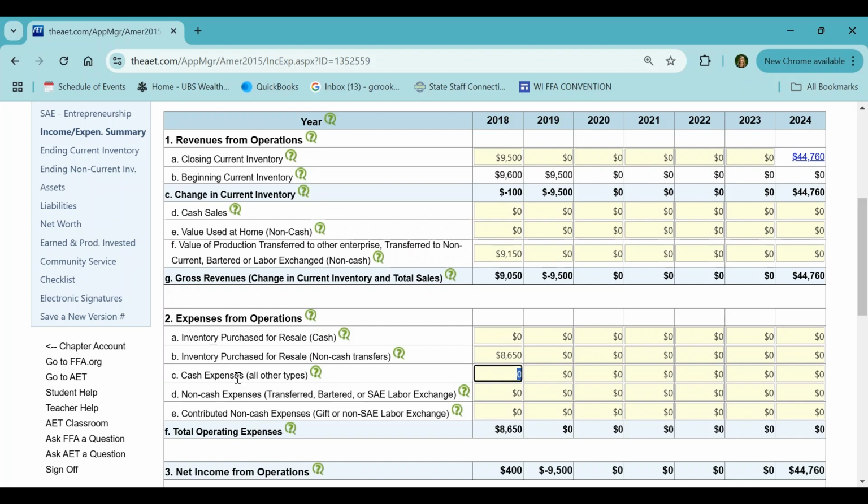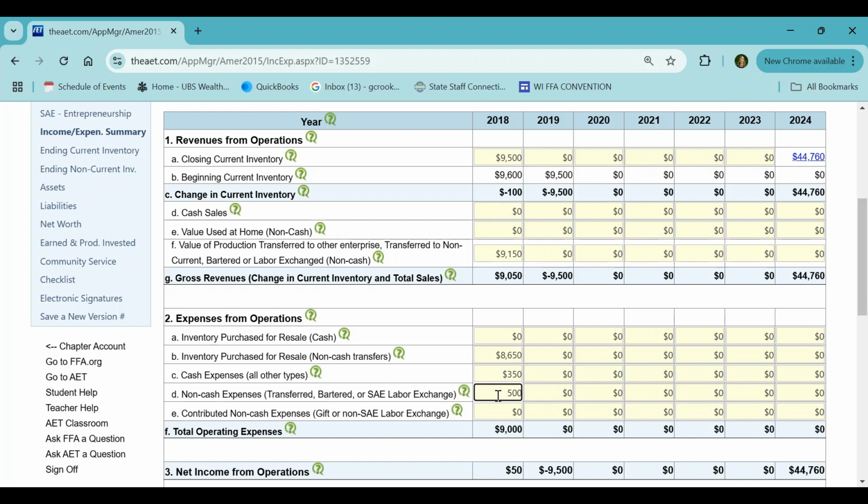Okay. In addition, these would be cash expenses, anything that they spent their own money from their SAE on. So this individual, we're going to say, spent $350 of their own money. And then 2D would be also part of this barter up here, a non-cash expense that is something that they use to pay for expenses for their SAE project, and that would be $500.